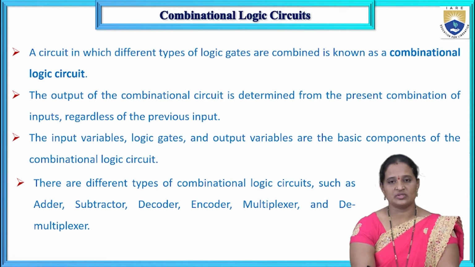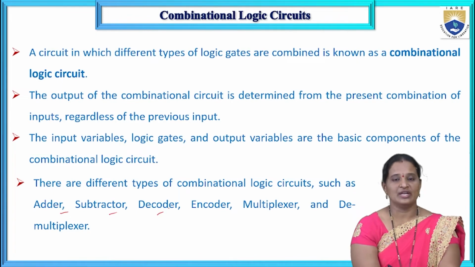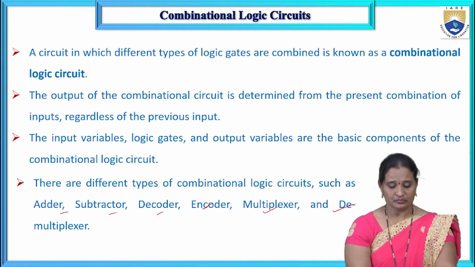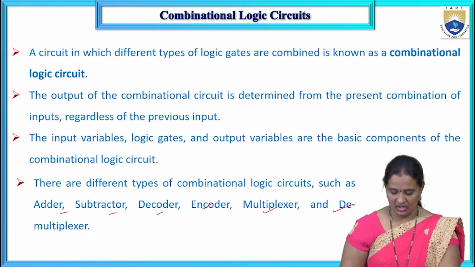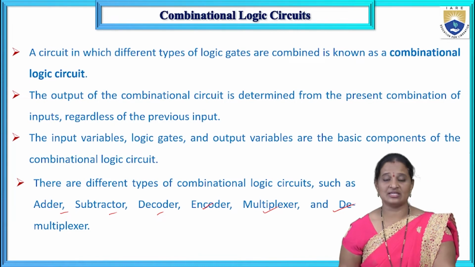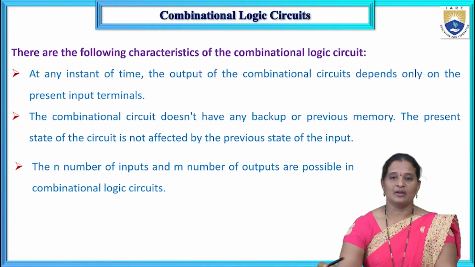Some examples of combinational logic circuits are adder, subtractor, decoder, encoder, multiplexer and demultiplexer, and so on, in which the output depends only on the present input, that is, the input applied to the circuit at that particular instant of time.